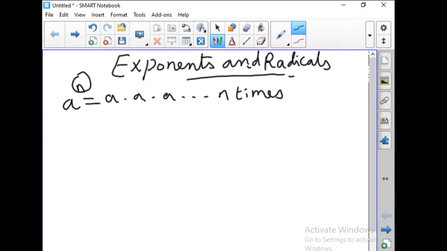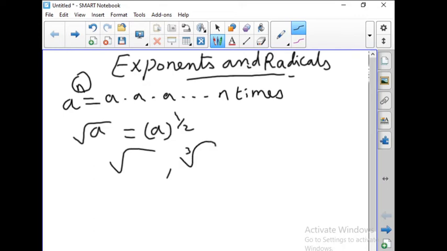What are radicals? What is square root? Square root of a, you would have studied in your lower classes. The square root of a is nothing but a power 1 by 2. Cube root means a to the power 1 by 3.